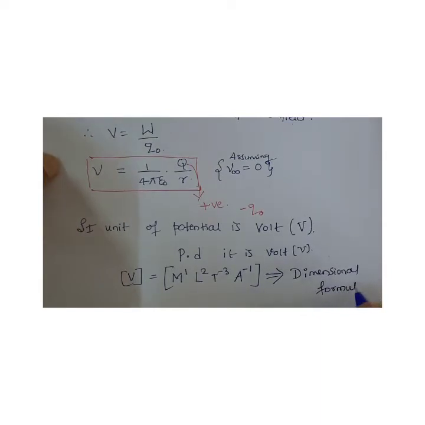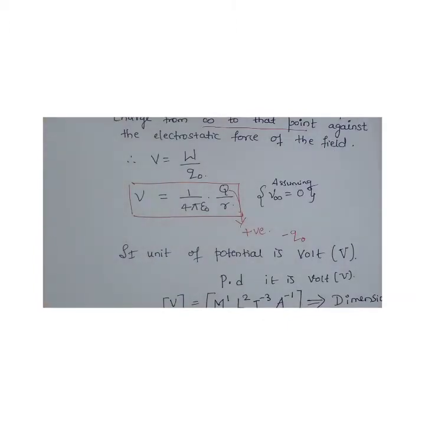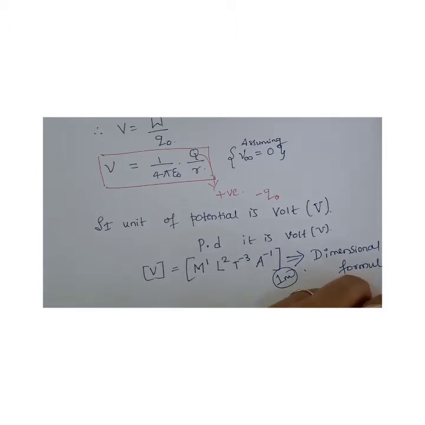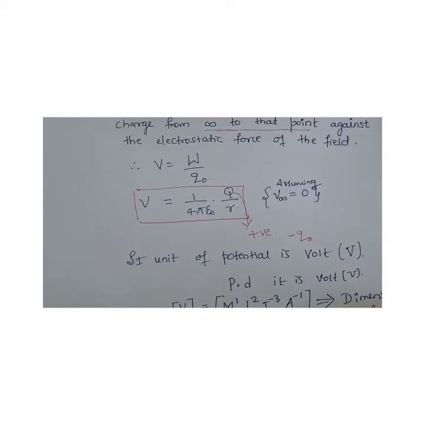So you may get a 1 mark question from this. But I told you, from this chapter you will get 3 marks and 5 marks numerical problems, so this is very important for numerical problems.